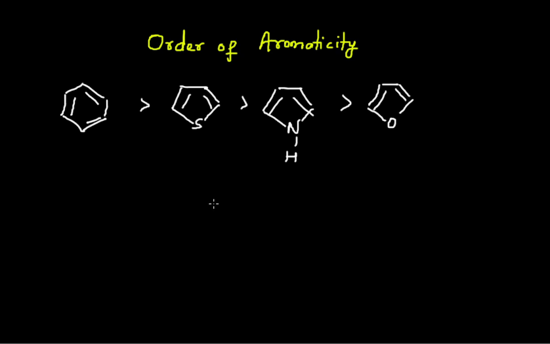So why is this so? Why is the order of aromaticity in this order? In benzene, what happens is all the pi electrons are totally involved in forming the aromatic sextet.